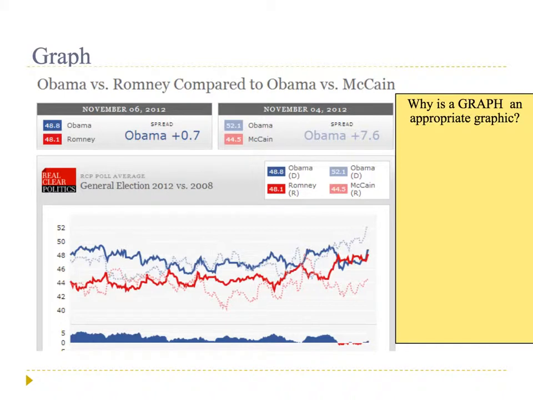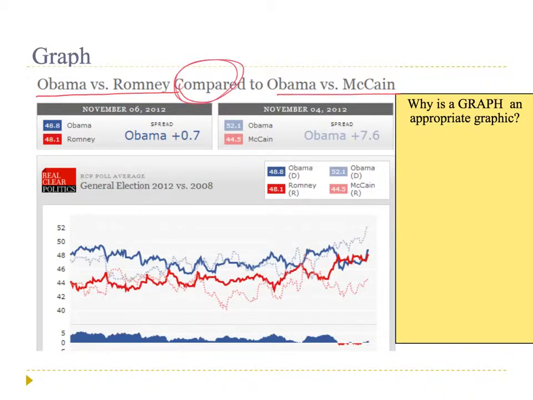All right, so now I want you to identify why a graph is an appropriate graphic. Okay, so here we see up here Obama versus Romney compared to Obama versus McCain. I want to help you figure out how to read this graph because it's a little bit difficult to read. So I know that it's Obama versus Romney, and we're comparing to Obama versus McCain.